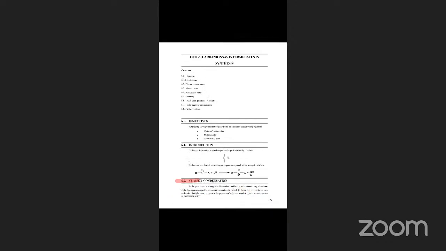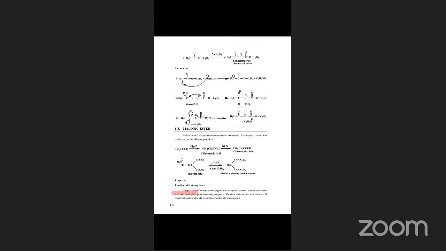See the reaction. 2 moles of ethyl acetate, CH3COOC2H5. CH3C=OH is acetic acid, which gives CH3COO minus and H plus. This is acetate.